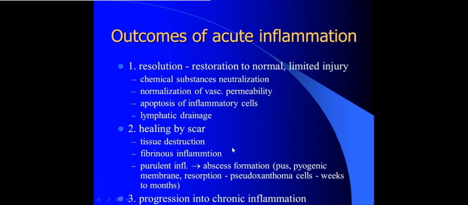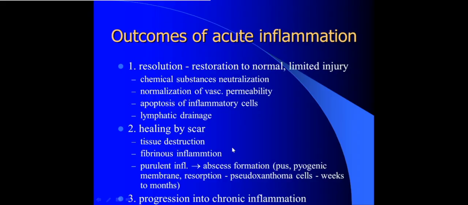Third is purulent inflammation. Abscess formation means if the inflammation is not cured, there is pus. Pus will be present inside the inflammation. When we touch or press that point, a thick liquid is released. That is the pus. That is the pyogenic membrane resorption.